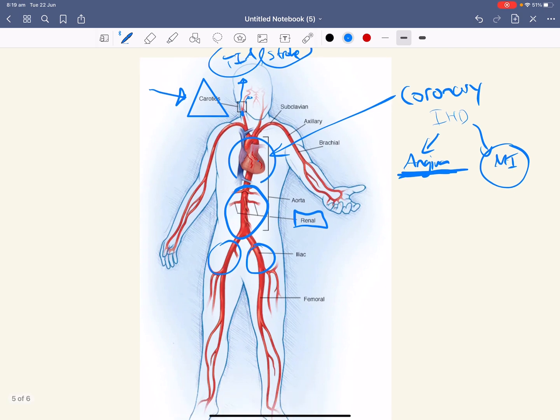The most common location for atherosclerosis is the aorta, the abdominal aorta, just because it's got a high blood flow pressure. So you will likely get atherosclerosis in the back wall of the aorta.